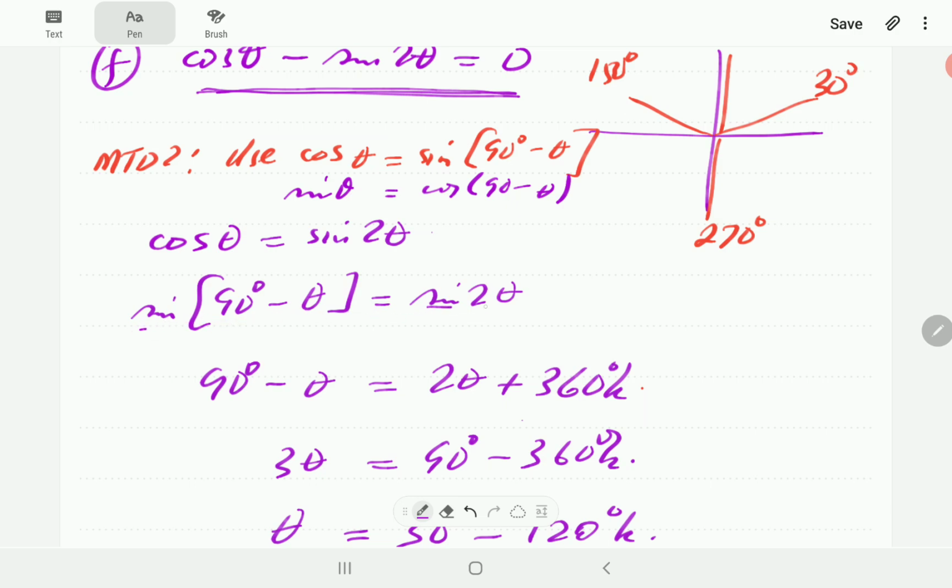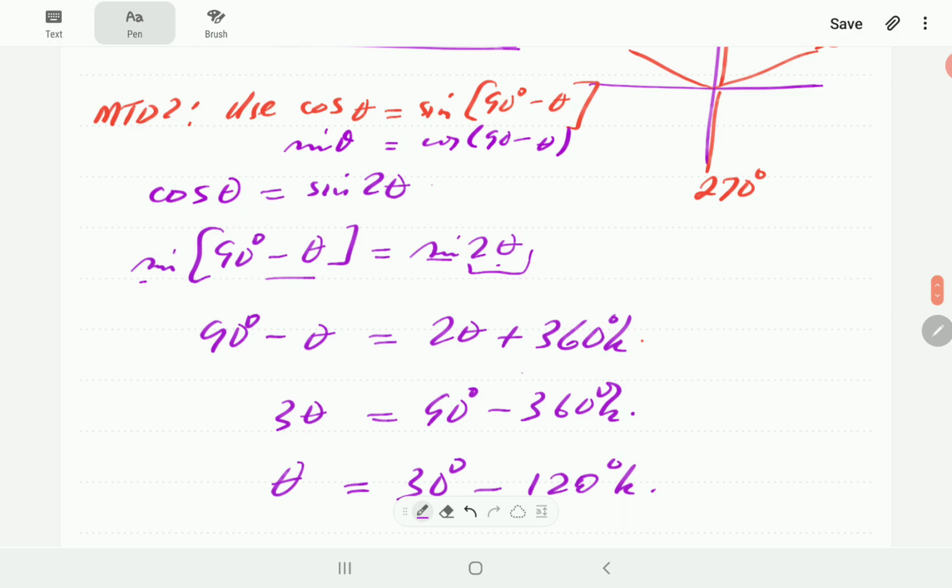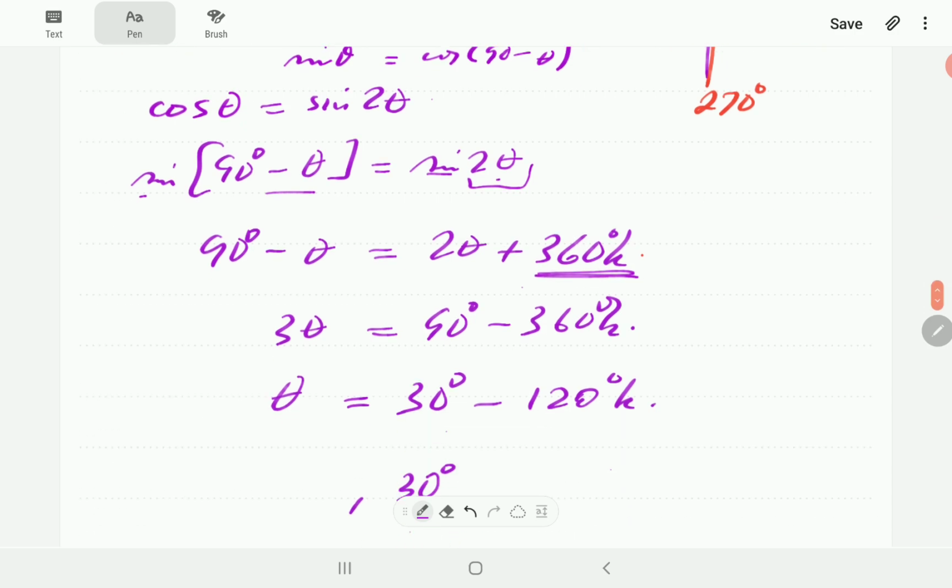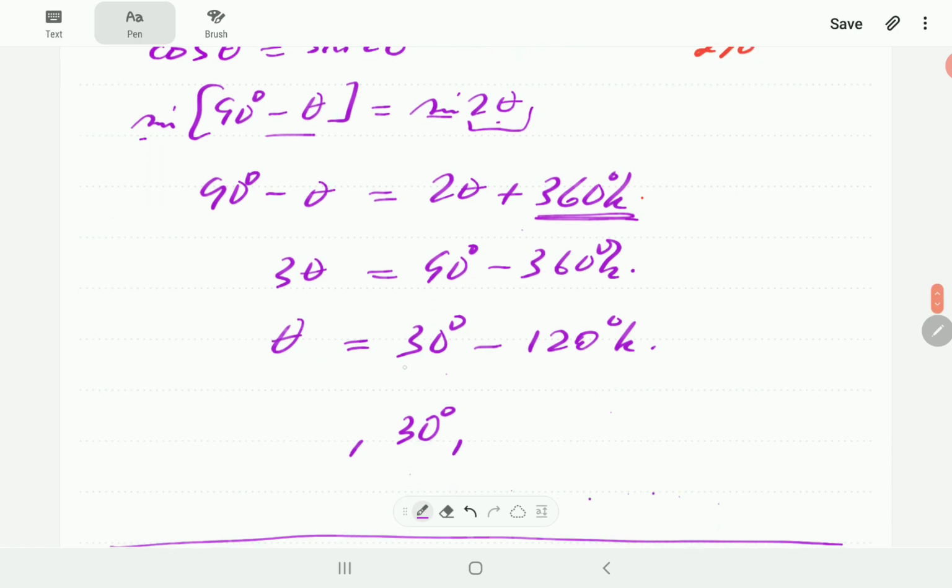Now, since we've got sine and sine here, then the angles must be equal, and they are coterminal equivalents, of course. So we're going to have 90 minus theta is 2 theta, and then we add multiples of 360. If we make theta the subject, we get 3 theta, and so theta is 30 minus 120k.